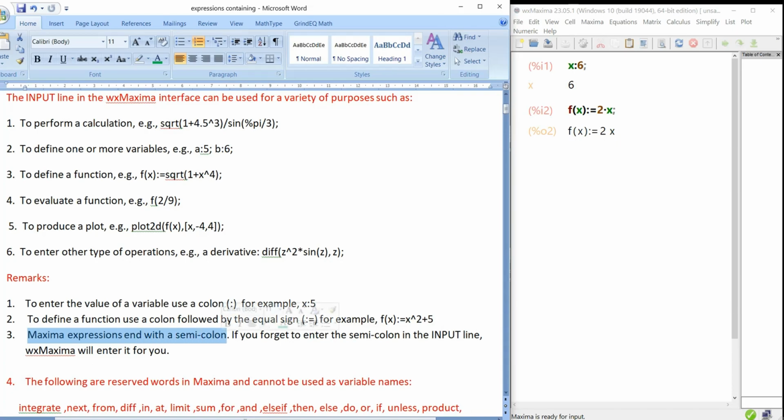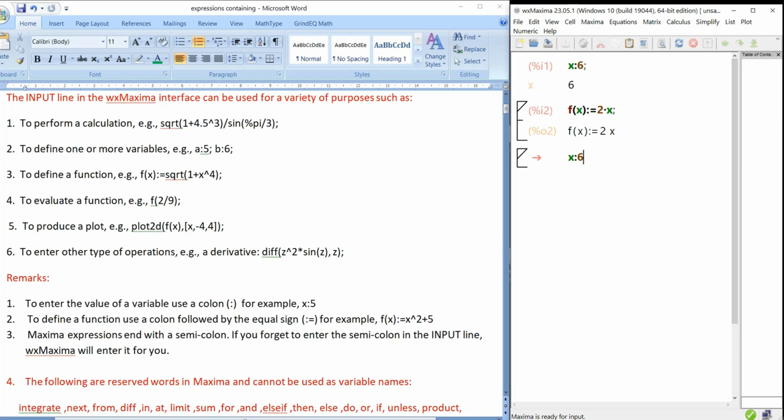Maxima expressions end with a semicolon. If we forget to enter the semicolon in the input line, WX Maxima will enter it for us. For example, I write x colon 6 and I do not place the semicolon.